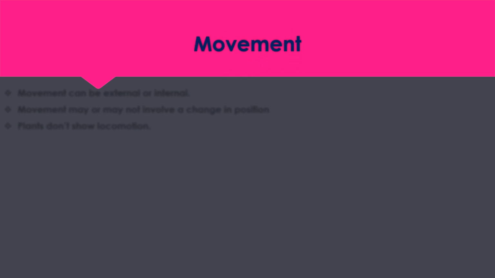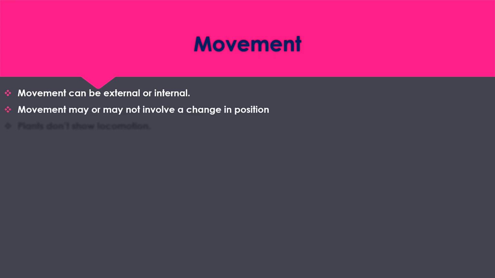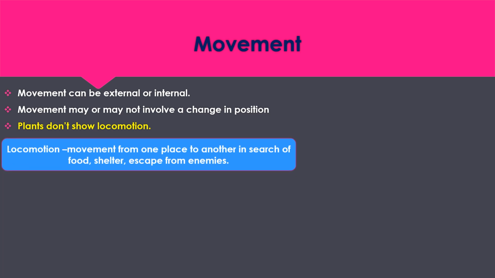The next characteristic is movement. Movement can be external or internal. Movement may or may not involve a change in position, like plants don't show locomotion. Now let us see what is locomotion.